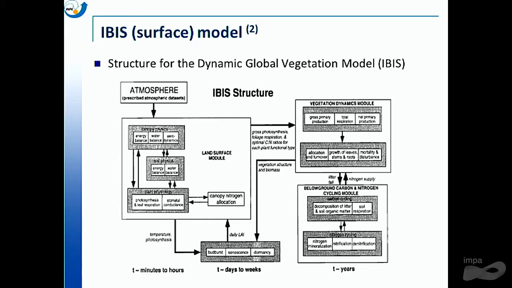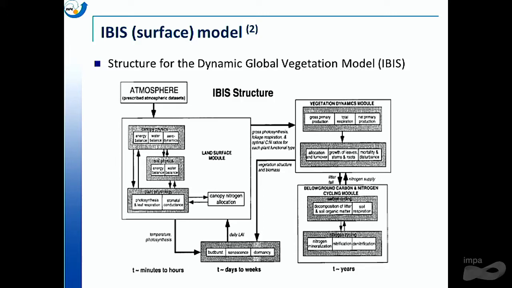And so, here we have the atmosphere, and we have some canopy physics representing the highest level for the vegetation, and also some of the soil physics and plant physiology.